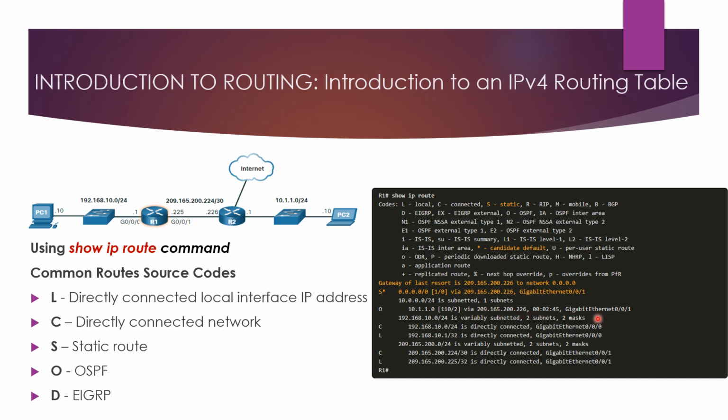A default route has a network address of all zeros, and for example here the IPv4 network address is listed as 0.0.0.0, and it is a static route entry in the routing table that begins with the code S and a star. It is highlighted here, and it's the gateway of last resort for the network 0.0.0.0, for all the packets that do not have a matching destination IP address.